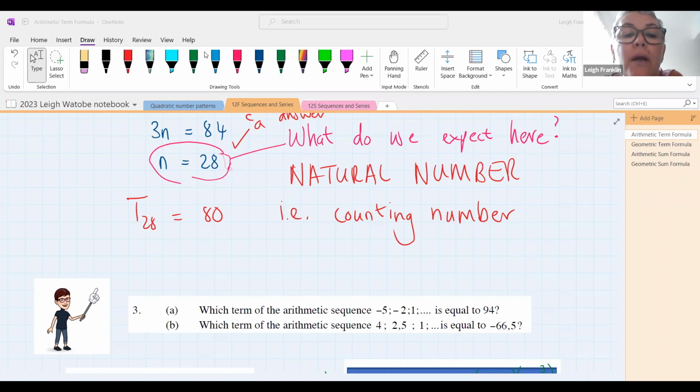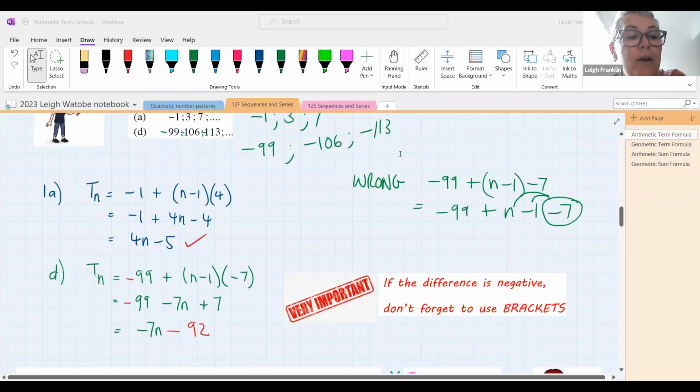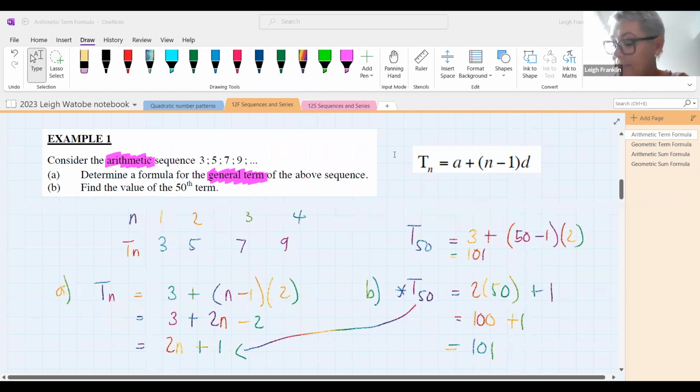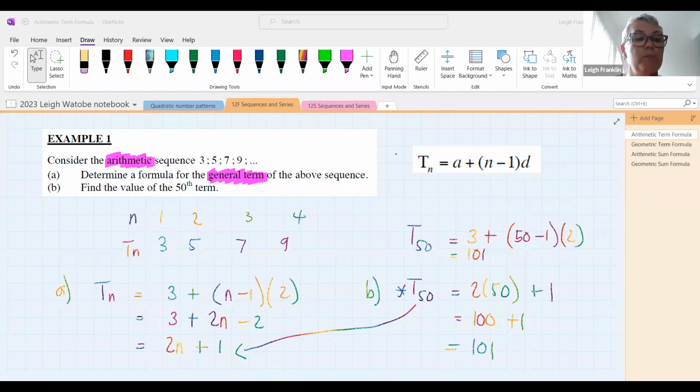Hang on a second, Snokuhle, I do not understand. Is Tn the position? No, Tn is not the position. n is the position. Tn is the value of the term in that position. If we go back up and look at the example we were talking about, 3 is the value of the term in the first position. 5 is the value of the second term, because it is in the second position. 7 is the value of the third term because it is in the third position.